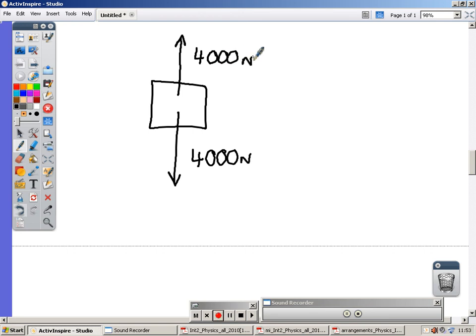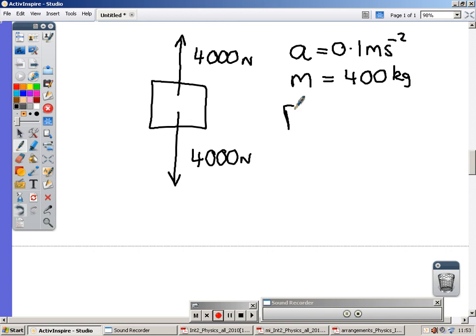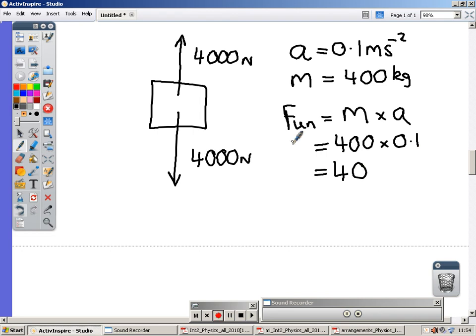But of course during the first bit of the flight it accelerated up the way, and it accelerated at 0.1 metres per second squared. It had a mass of 400 kilograms, so the unbalanced force to cause that acceleration is m times a, which is 400 times 0.1. It had an unbalanced force of 40 newtons.